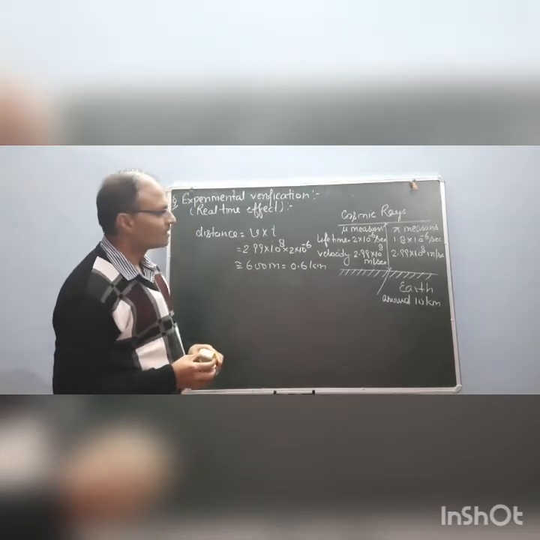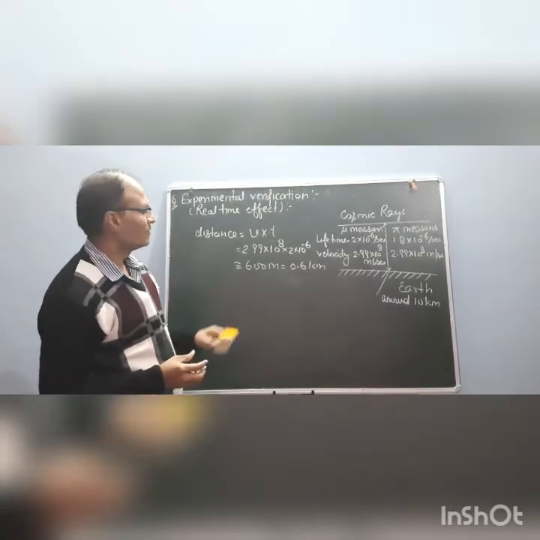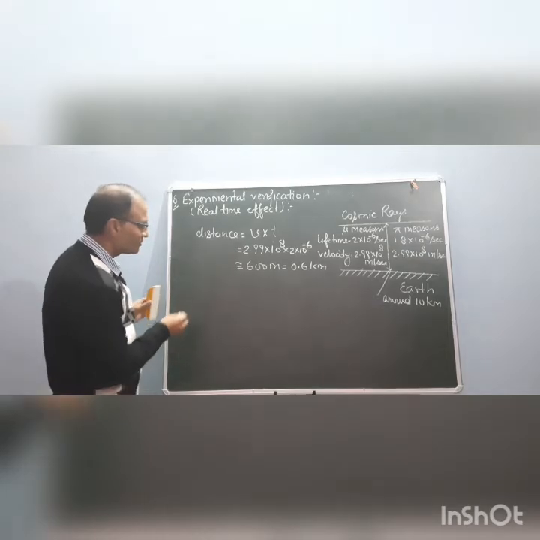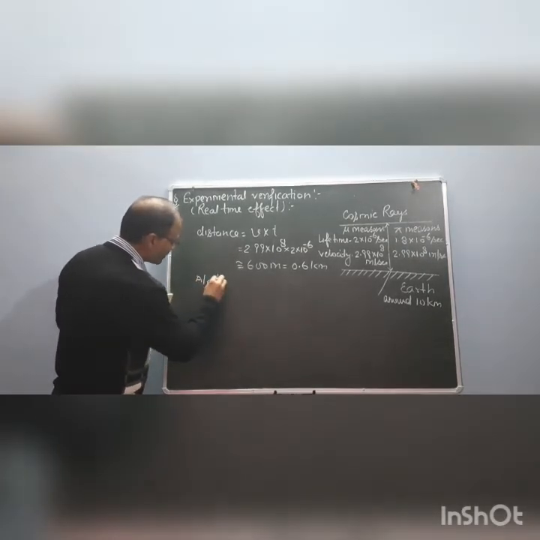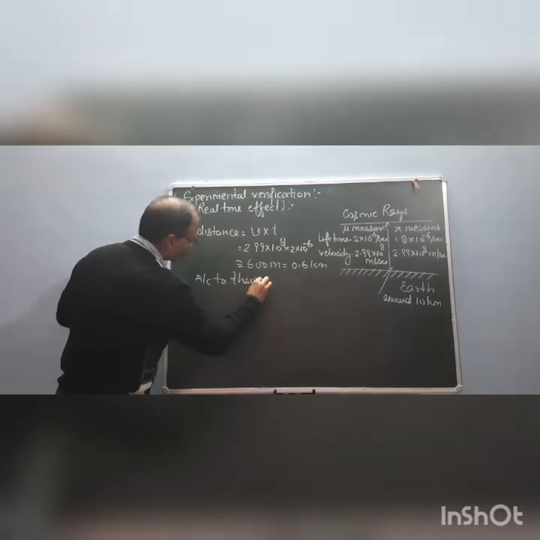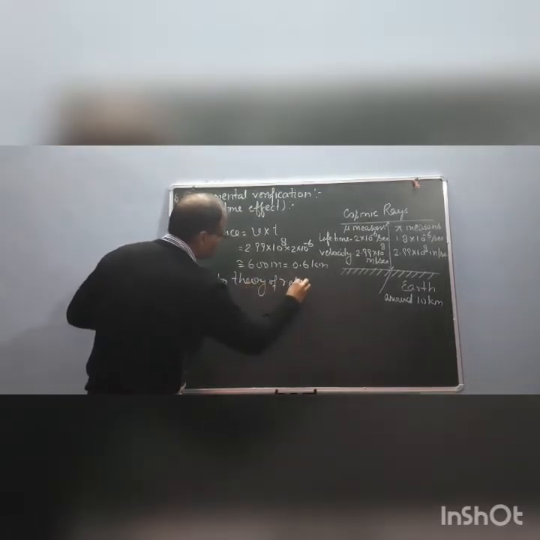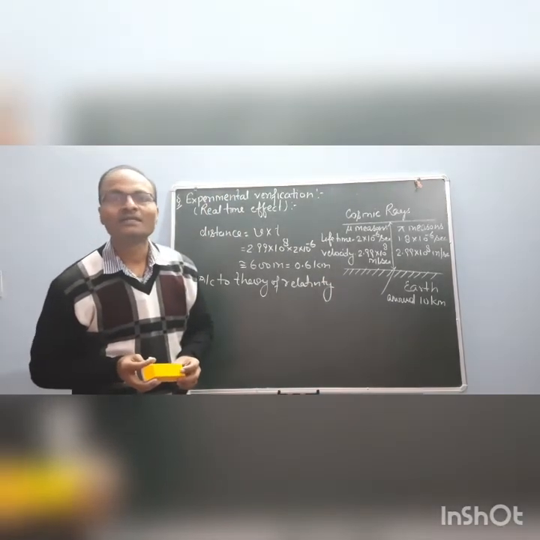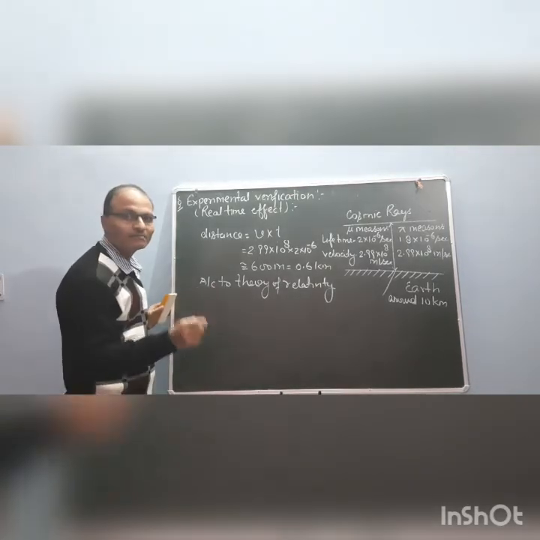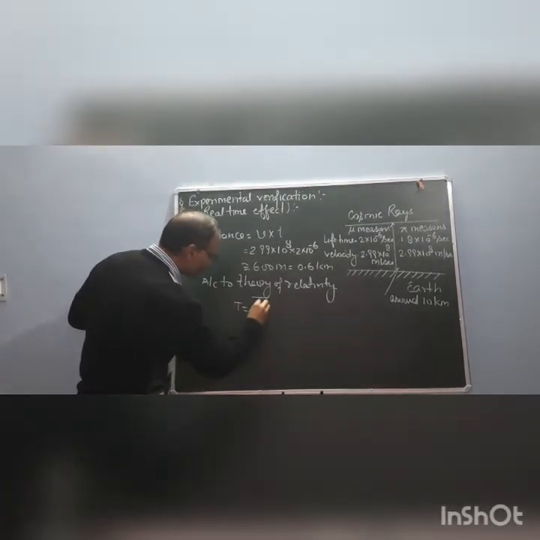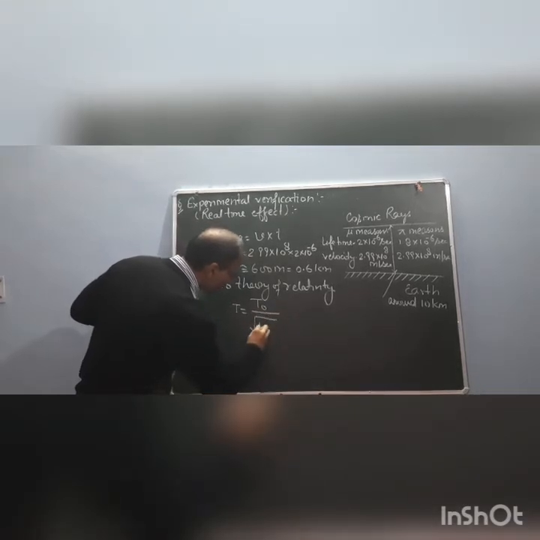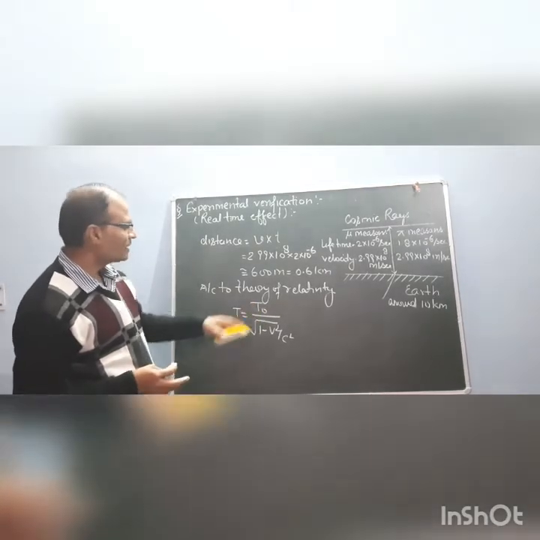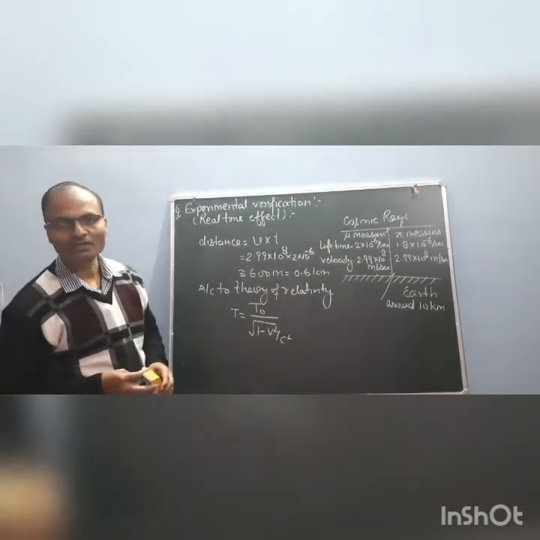For giving the answer, we use the special theory of relativity. According to the special theory of relativity, we use the concept of time dilation, t equal to t naught upon under root 1 minus v square upon c square. t naught is the lifetime of mu meson.